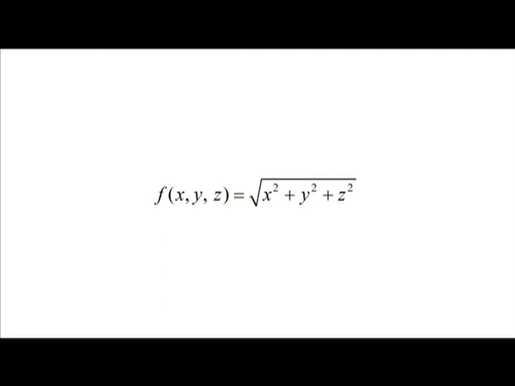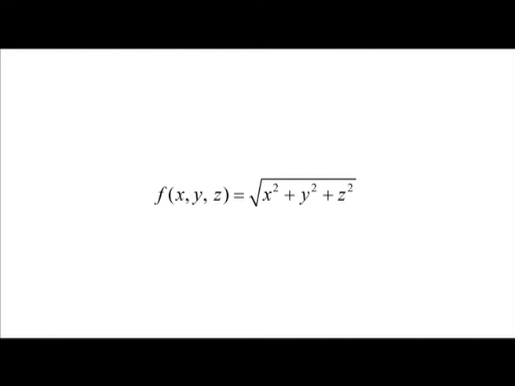As an example, we describe the level surfaces of the function f(x, y, z) = √(x² + y² + z²) of 3 variables. We note that √(x² + y² + z²) is the distance from the origin to the point (x, y, z).